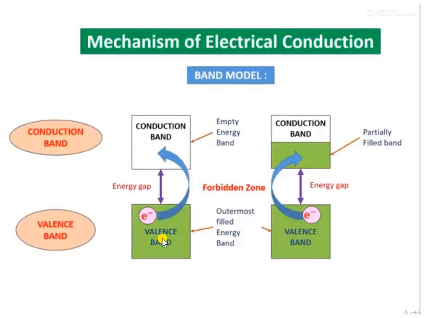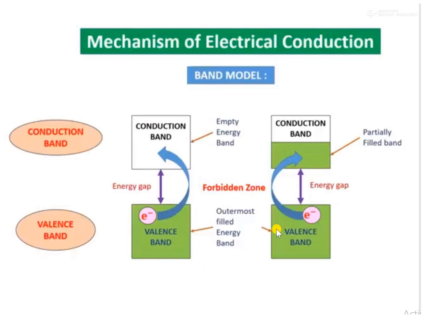When the electron moves from valence band to conduction band, it has to overcome this energy gap. Here, the conduction band may be filled, or empty, or partially filled, and the valence band is the outermost filled energy band.